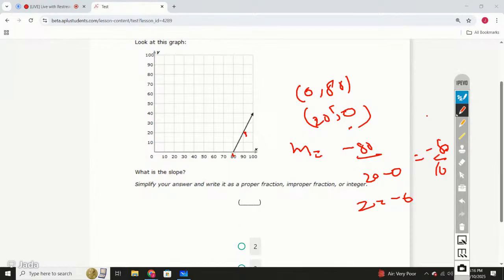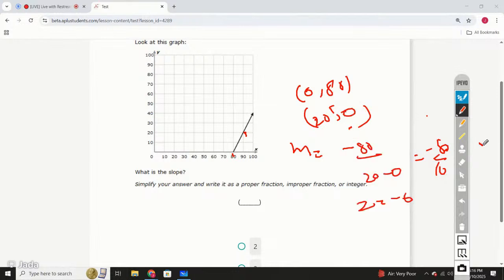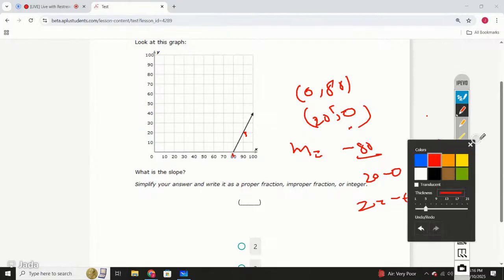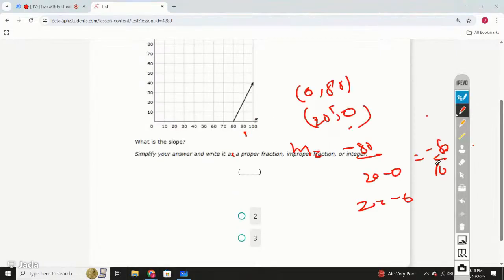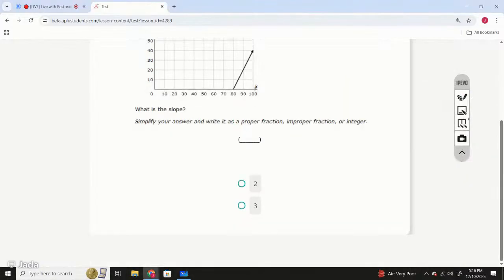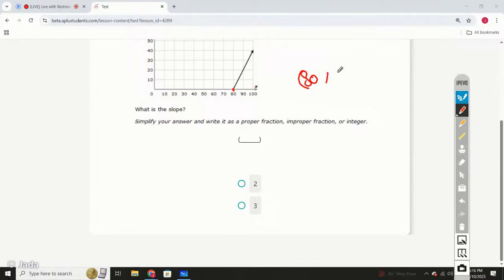Wait, sorry. This point has the coordinates x is 0, y is 0, and this one has x is 90, y is 20, right?